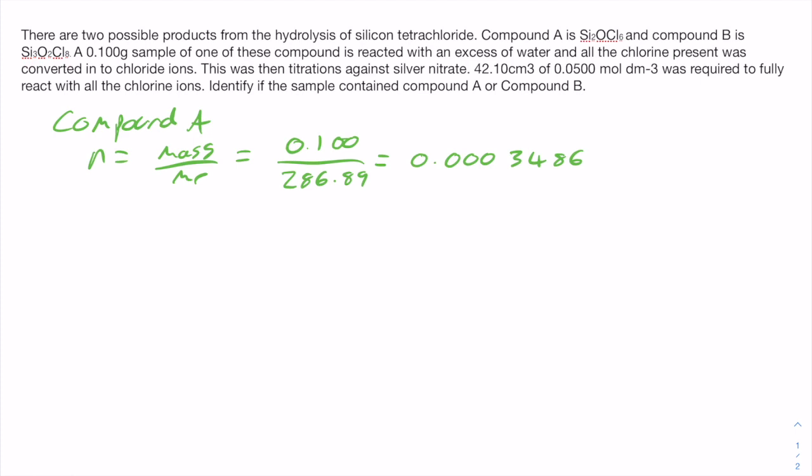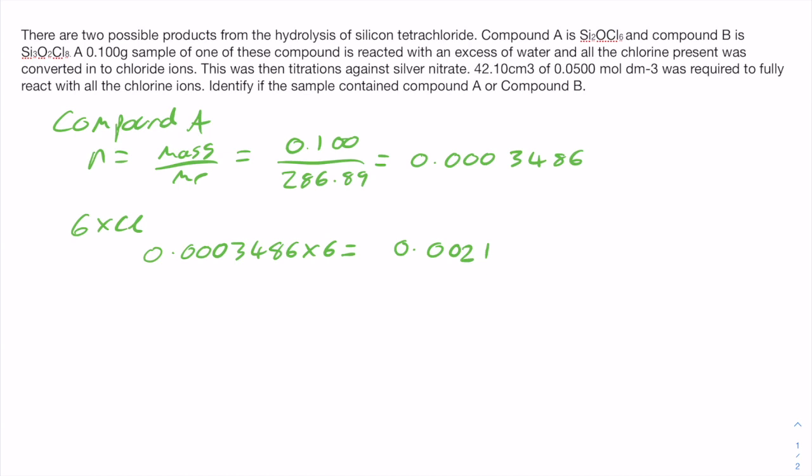Now there are 6 chlorines in compound A, so I'll multiply that by 6, which will give me 0.0021.